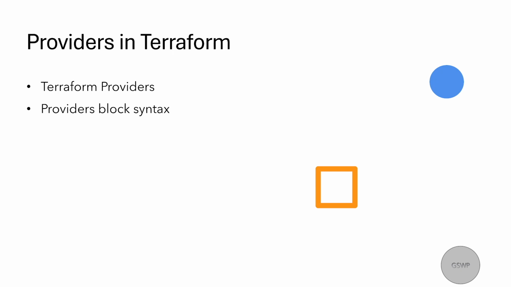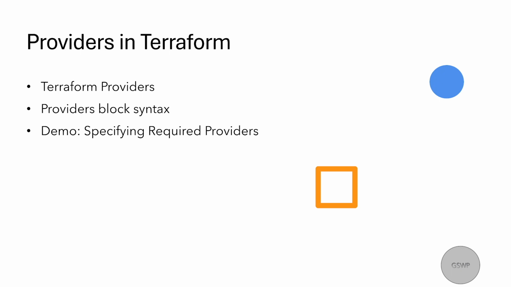So we will see what the providers block looks like. Let me show you in the demo, and then we can use the demo to extend and use some random providers from Terraform.